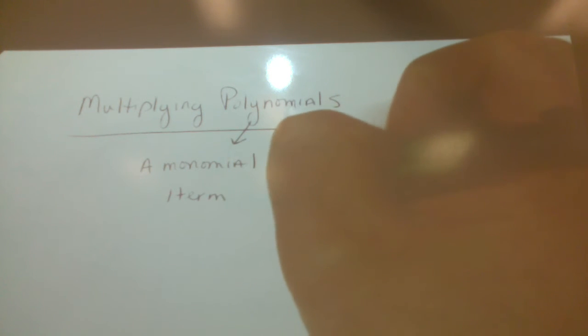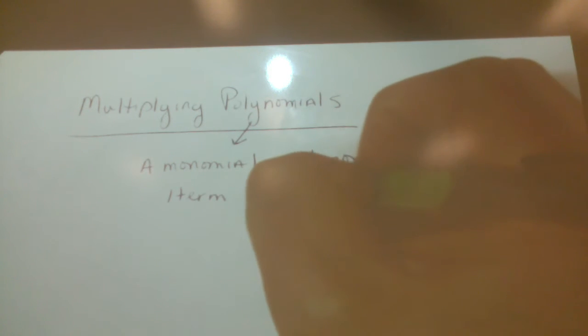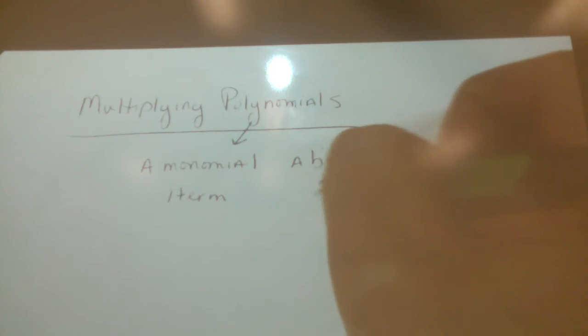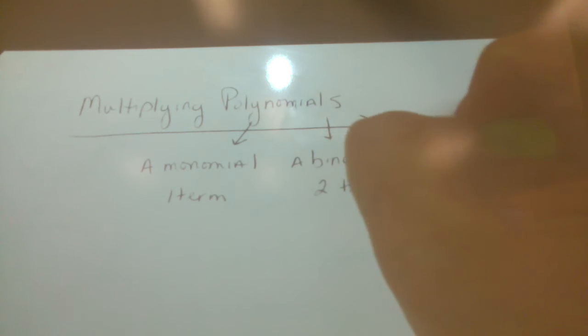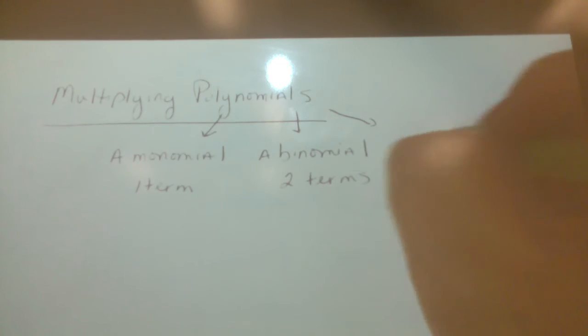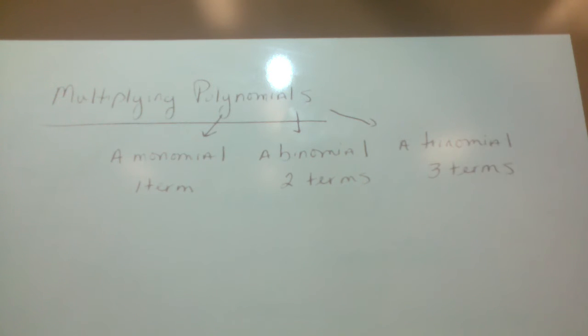It can be a binomial, which is 2 terms, or a trinomial, which is 3 terms. Those are the 3 that we're going to be focusing on: a monomial, a binomial, and a trinomial. 1 term, 2 terms, 3 terms. Today we're going to be focusing on multiplying a monomial to a binomial or a trinomial.